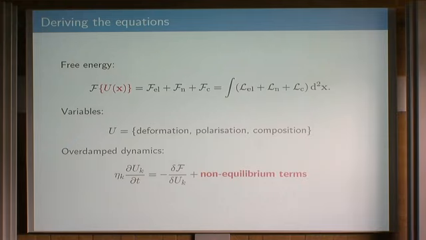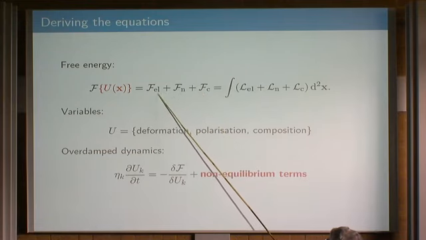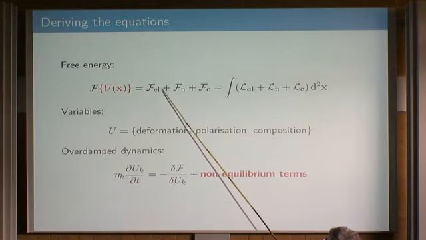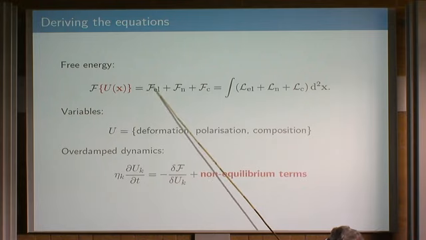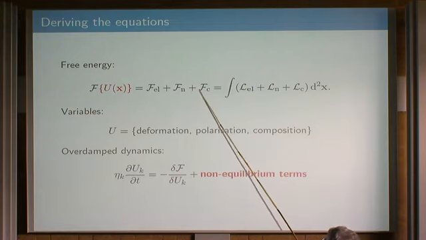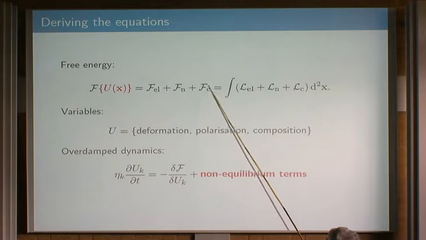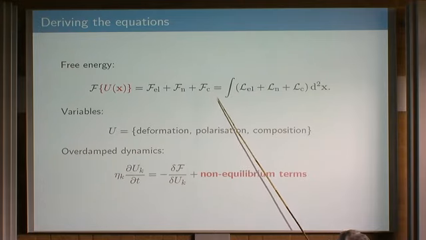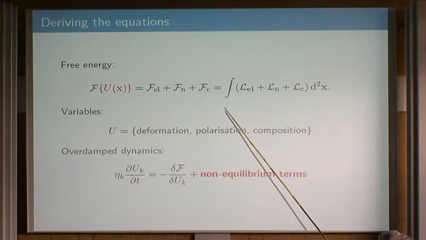And anyway, it brings some order into the system. And so we define free energy. And the free energy can be divided in three parts. One is mechanical elasticity, another one is nematic, and the third, which may or may not be present, is related to chemical compositions.